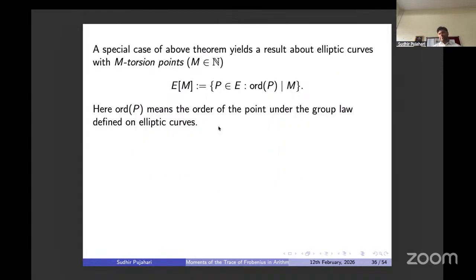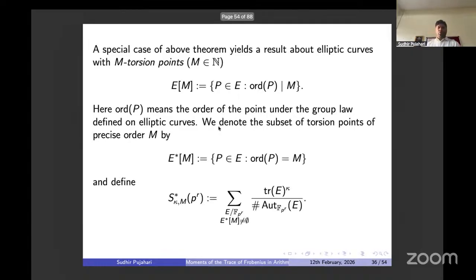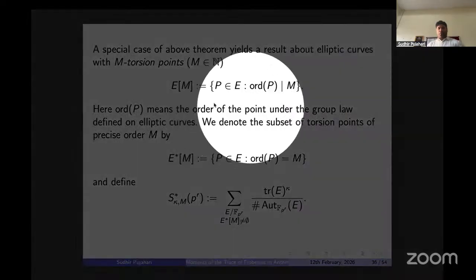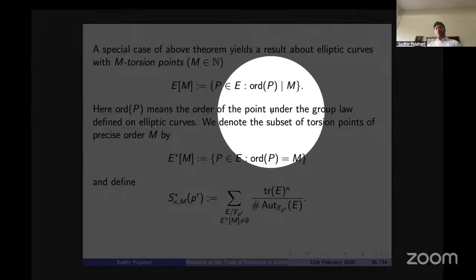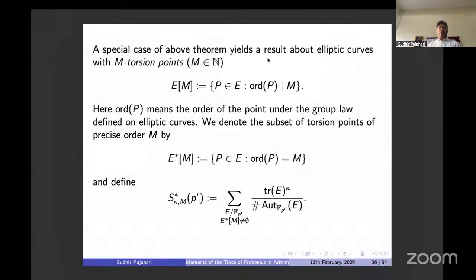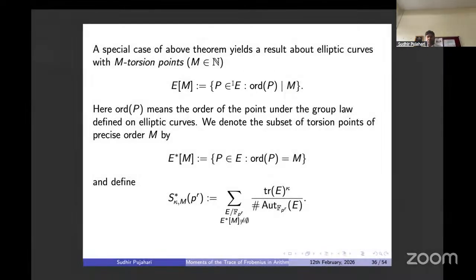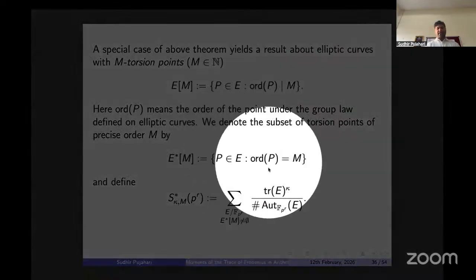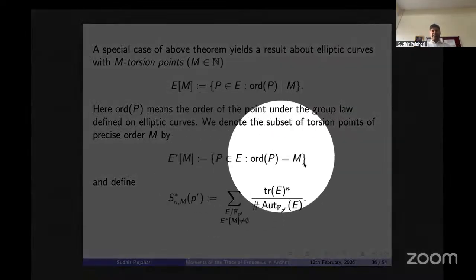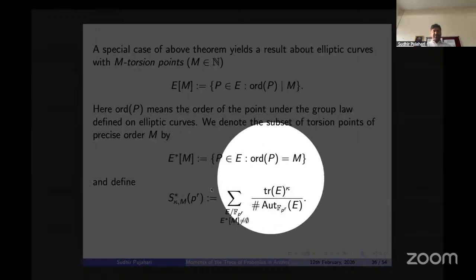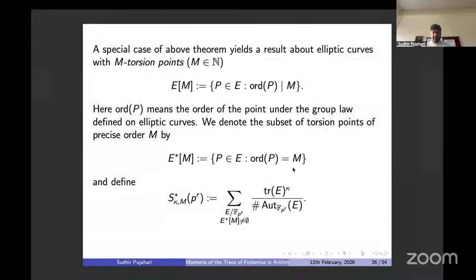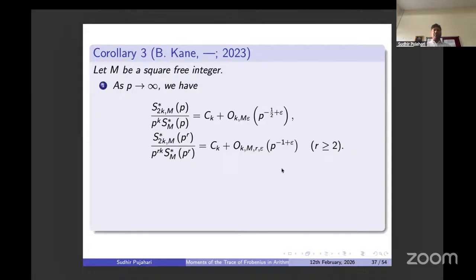If you look at elliptic curves which have an m-torsion point, in other words, if there exists a point whose order divides m, we call that an elliptic curve with an m-torsion point. So if you restrict yourself to those curves which have an m-torsion point and whose order of p is equal to m, and again evaluate the moments, the even moment is going to be Catalan.